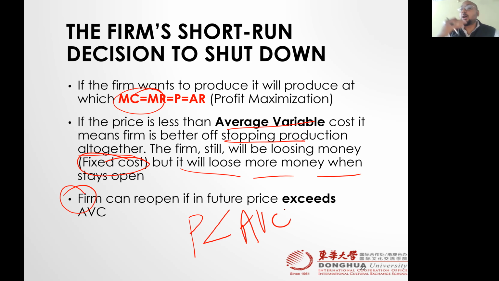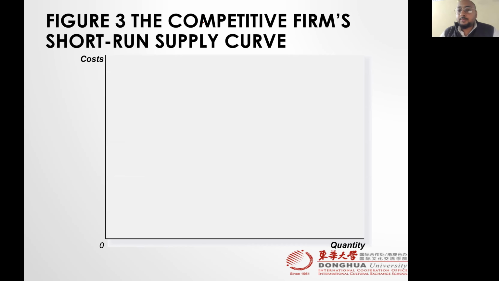When the market revives and conditions are in your favor, then open your business and start producing. But you don't quit the market. That is the point here. In the short run, you don't quit the market. You temporarily close down your production facility, but you don't close down permanently.